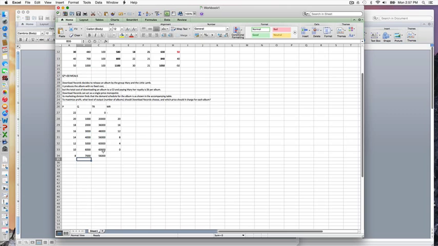Yes, 56,000 minus 60,000 is minus 4,000, divided by 7,000 minus 6,000, 1,000. So that's going to be minus 4. Because you see here, you subtract a bigger number from a smaller number. This is why it has minus. So that's my marginal revenue.